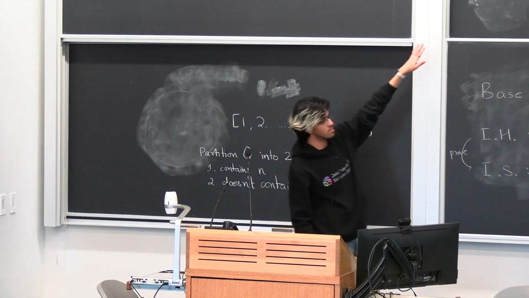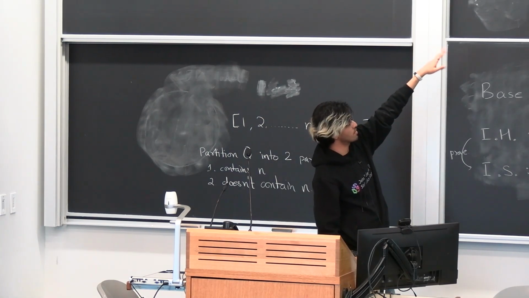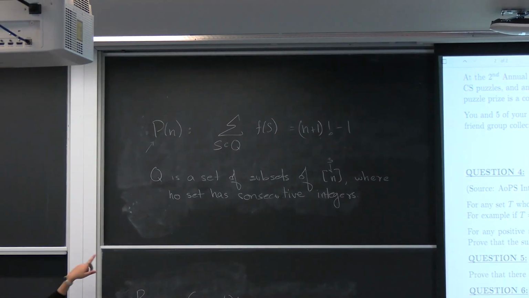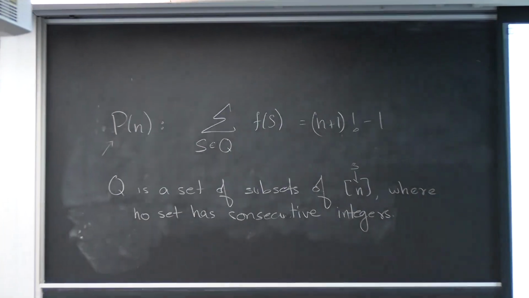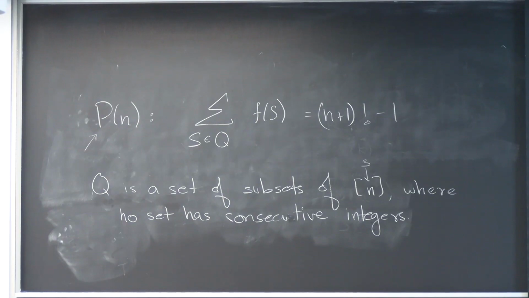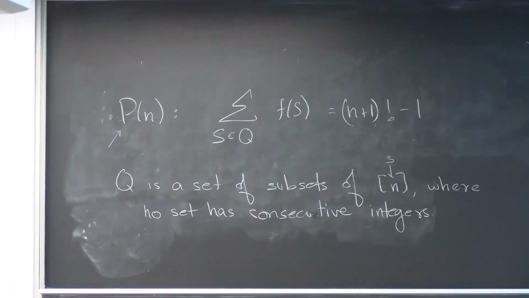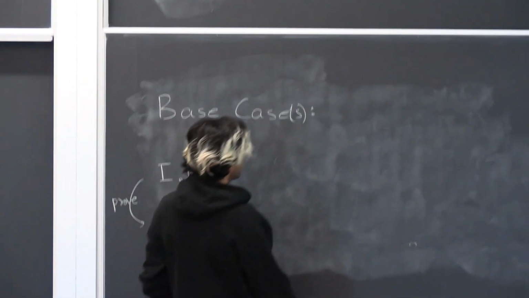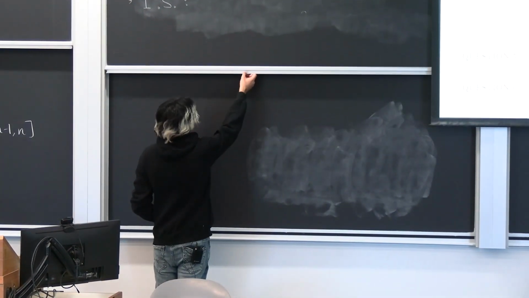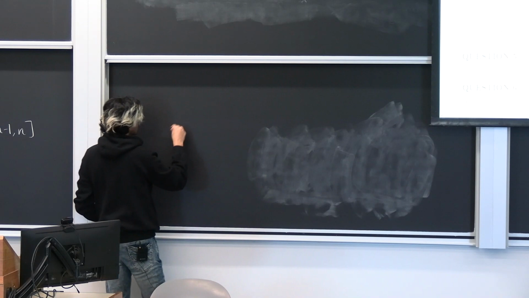Let's call the summation on the left-hand side, the summation of Fs over Q, let it be defined for some n. So in this case, it's defined for n. What can we say for n minus 1? It's the sum of all subsets of 1 to n minus 1 that don't contain consecutive integers. So let's call that function g.